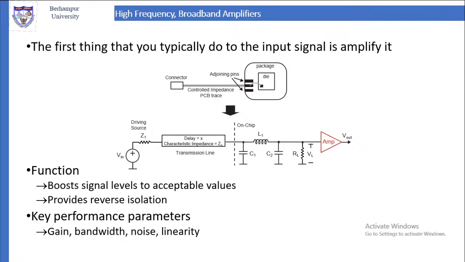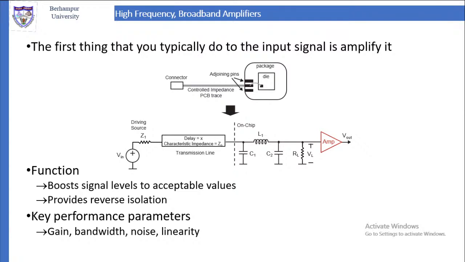Then it passes through a characteristic impedance Z0, and again it is attenuated. Then it goes through a pi circuit of LC, which is also storing some amount of energy. Therefore, ultimately the VL that you get across RL is smaller compared to Vin. Vin is originally small, VL is still smaller, so that is of no use.